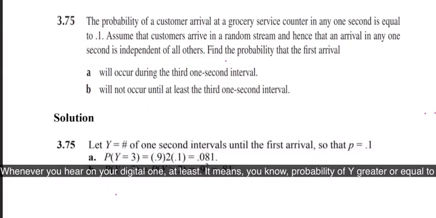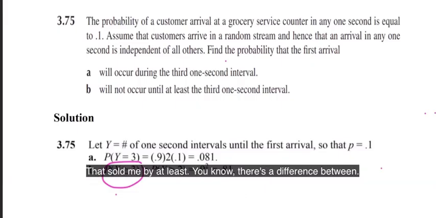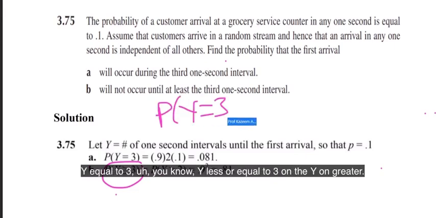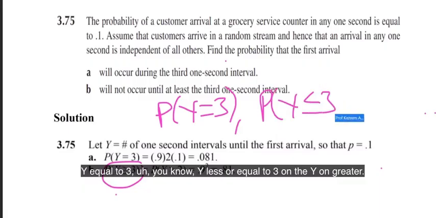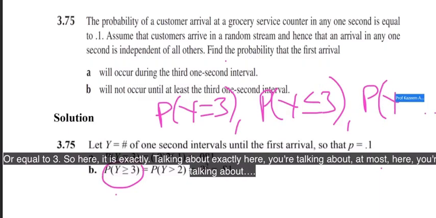When we hear until at least the third one, at least means the probability of y greater or equal to 3. That's what we mean by at least. There's a difference between y equal to 3, y less or equal to 3, and y greater or equal to 3.